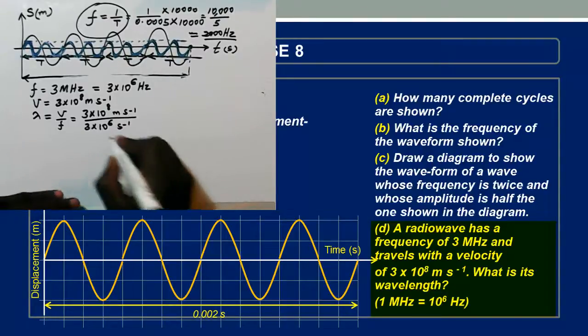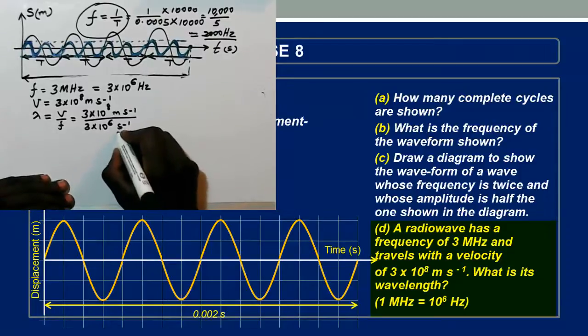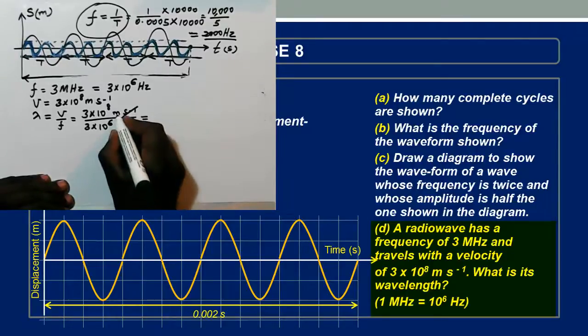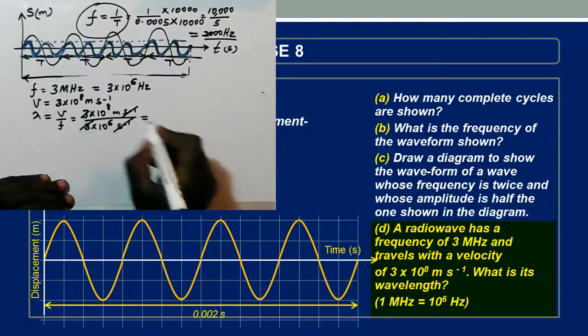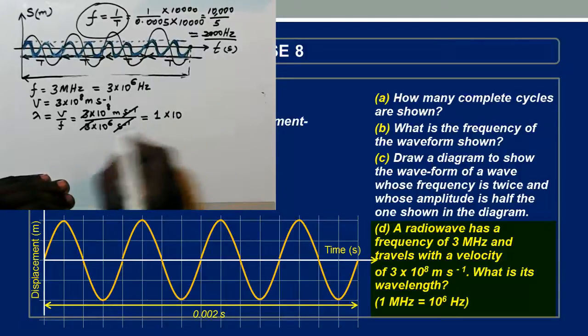You remember we have already learned that the other unit for frequency is per second, so that these ones can cancel out and you're left with meters. 3 and 3 will cancel out to give you 1 times 10 raised to power.